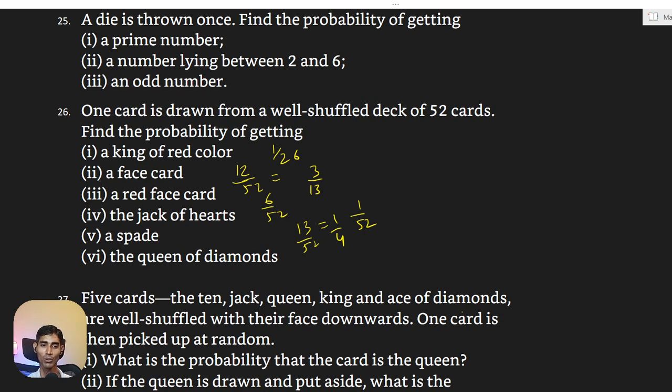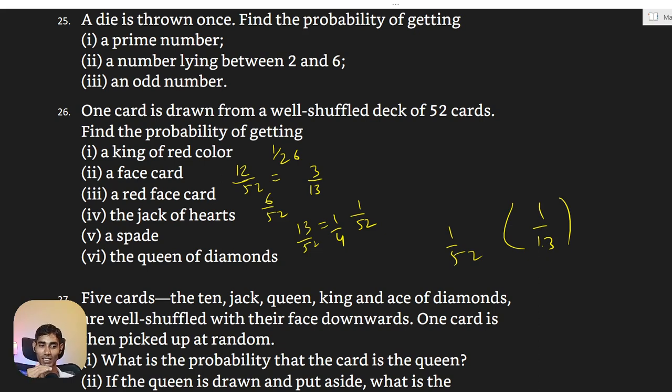So you want to take 1 out of 52 or you would take 1 out of 13? There are not 13 queens. So how many? You tell me. Queen is only one, na? Four. So one by 52, right?